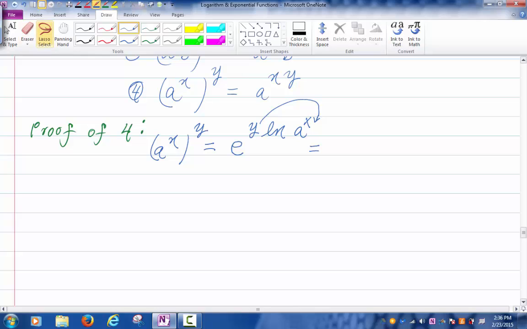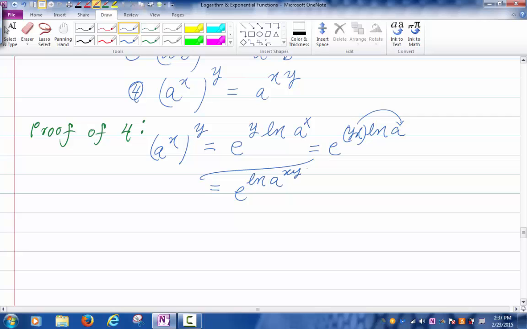Let me do one more step here. So this is the same as e to the y times x ln of a, right? This is one of the properties of ln. Now I think of this as a factor, so I can put it as a power of a: e to the ln of a to the xy.